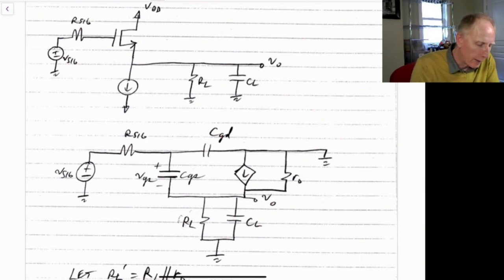Now, when we add these capacitors in, we have the gate to source capacitance down here. We also have the gate to drain capacitance, which would be up here. And then finally we have the load capacitance, which is just shown here.